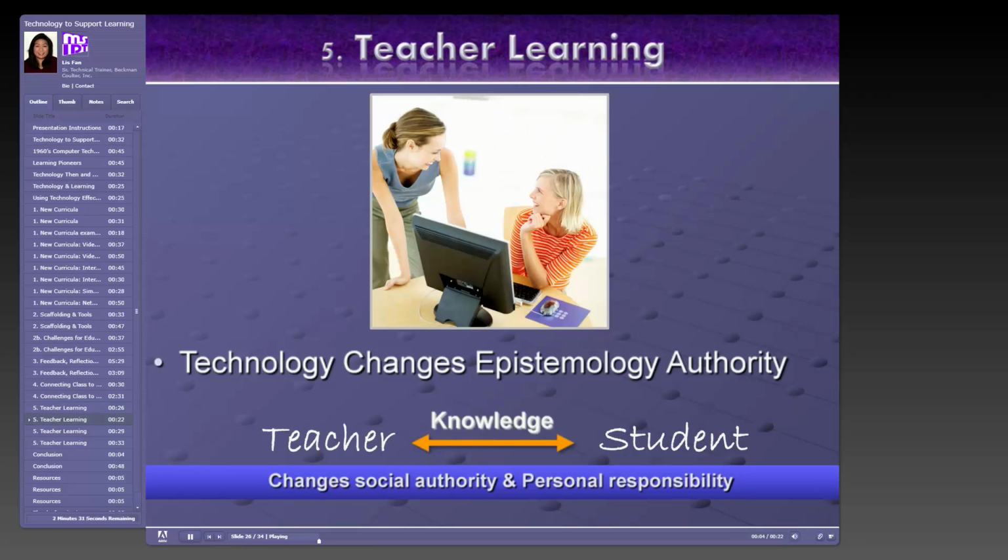Traditional roles where teachers possess knowledge and students passively receive knowledge have been permanently changed with technology. Teachers and students now work cooperatively to share knowledge, thus redefining social authority and personal responsibility in learning.